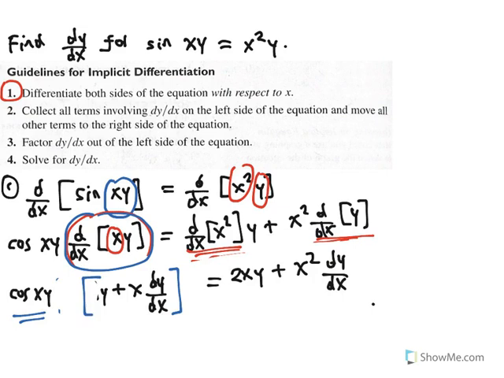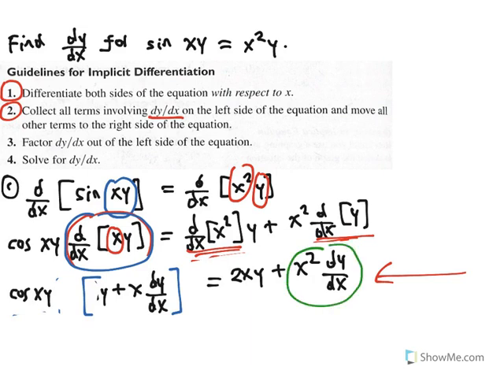So now we have completed step 1 from the guidelines: differentiate both sides of the equation with respect to x. Step 2 is to collect all terms involving dy dx on one side of the equation and move all other terms to the other side of the equation. So you will look at what we have here and see where we have dy dx.